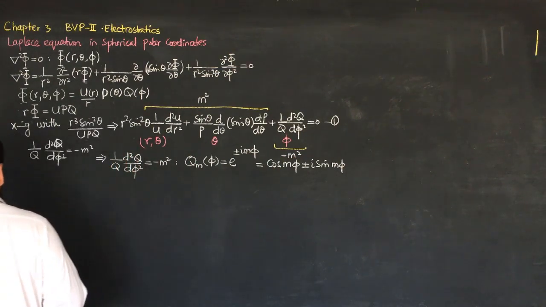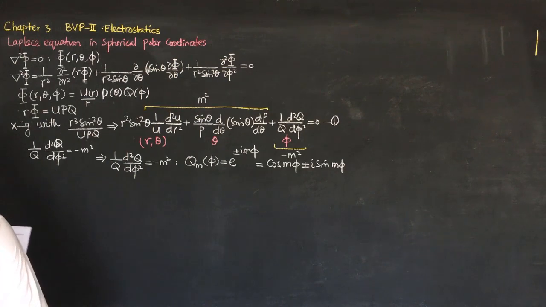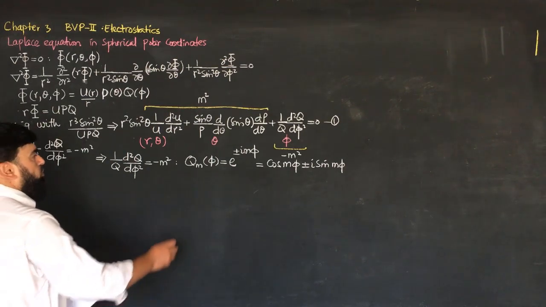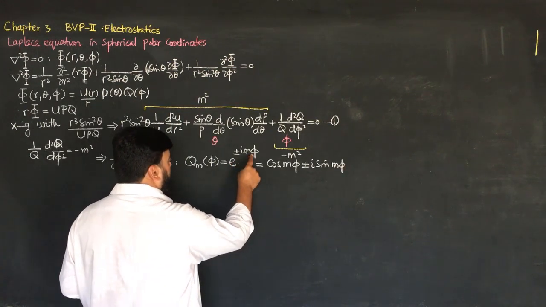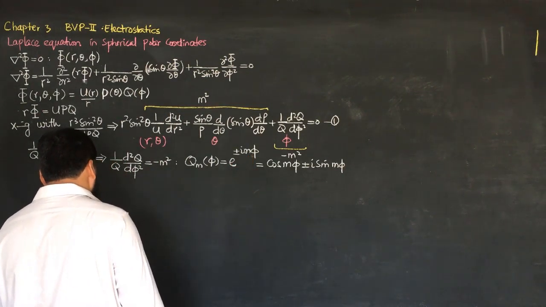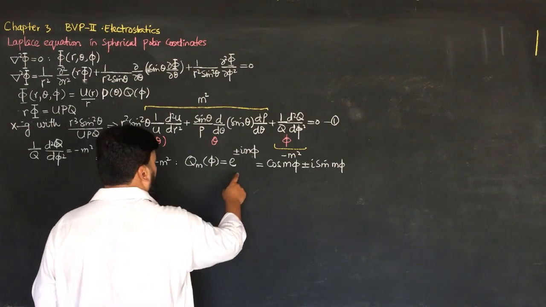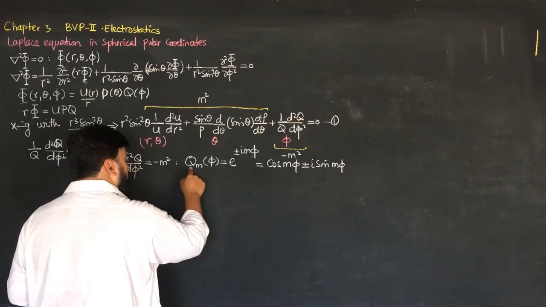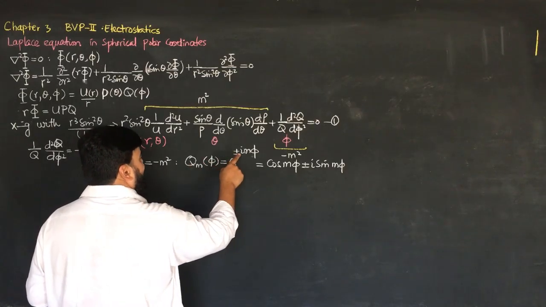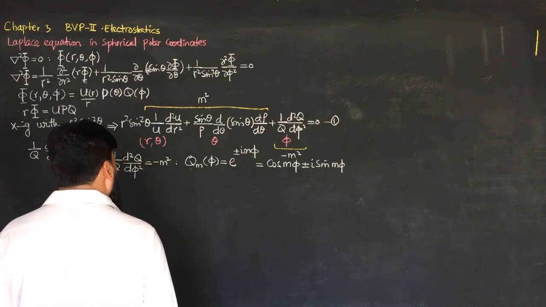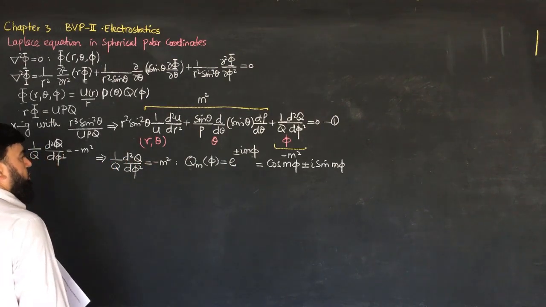And here we say that in geometries where the full range of phi is available, in order to have the constant m and to force that this q, which is a potential, should have a single value, this m must be an integer.